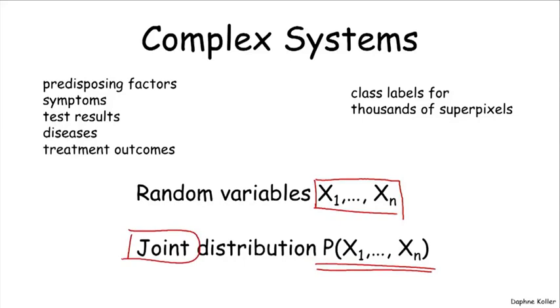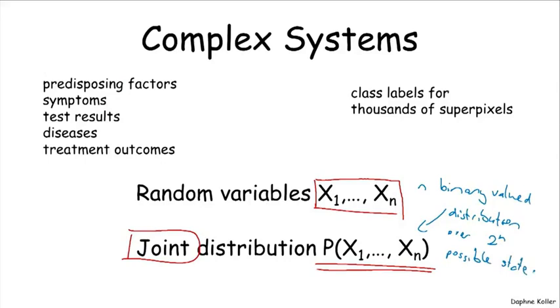Now, the important thing to realize when looking at this is that even in the simplest case, where each of these is, say, binary valued, which is not often the case, but say for just the sake of argument, if you have n binary valued variables, then this is a distribution over 2 to the n possible states of the world, one for each possible assignment of these n variables.